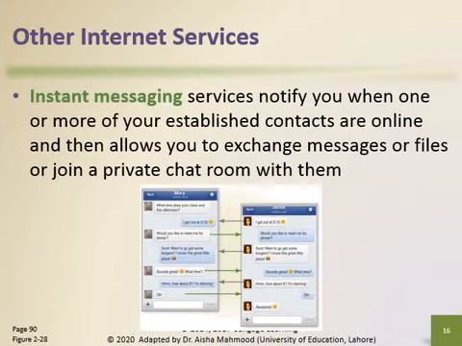Internet messaging services, which often occur in real time, are communications services that notify you when one or more of your established contacts are online and then allow you to exchange messages or files or join a private chat room with them. Real time means that you and the people with whom you are conversing are online at the same time.